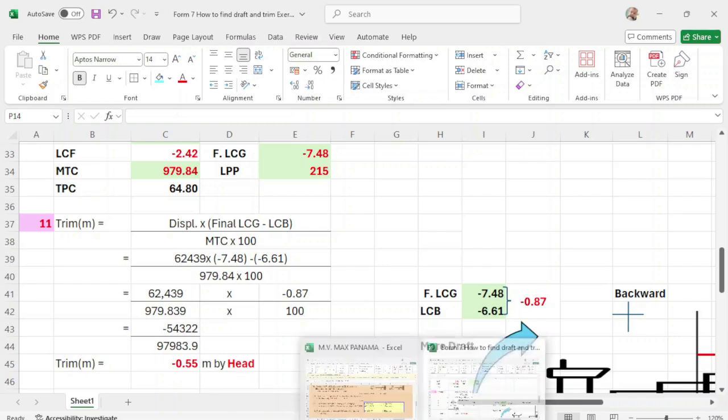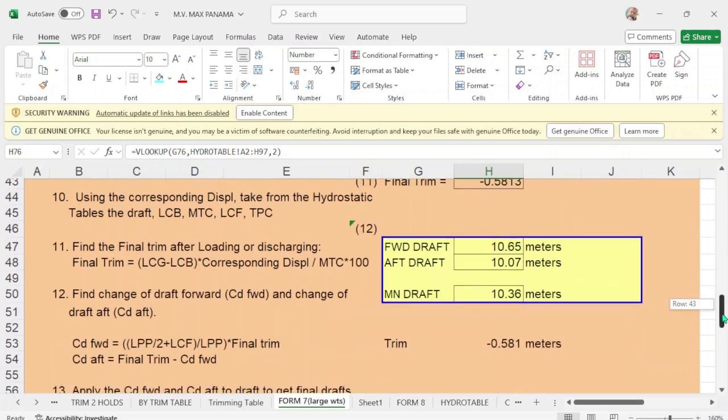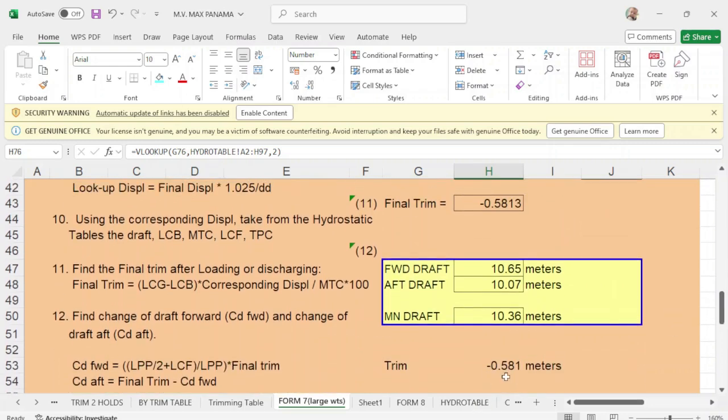But what he has is the trim is 0.5813. Okay? And this is his final drop forward, aft, and midship. He is trimmed by the head because forward has a bigger draft than aft. So he has a trim of 0.58, which is the same with this one.